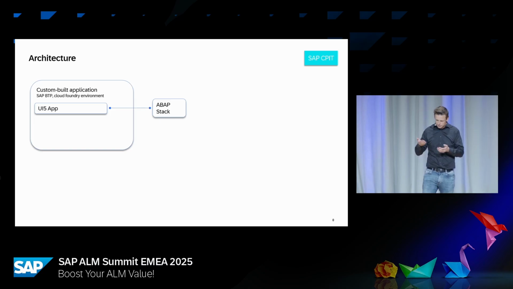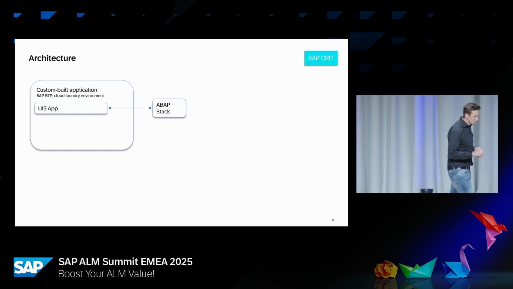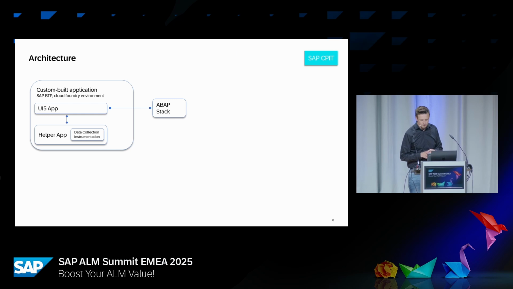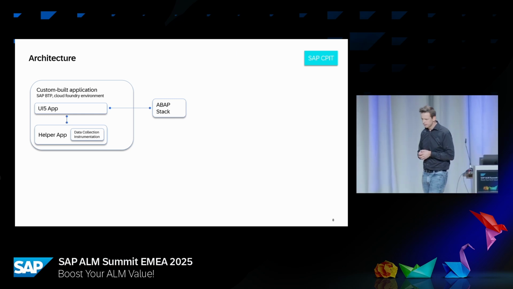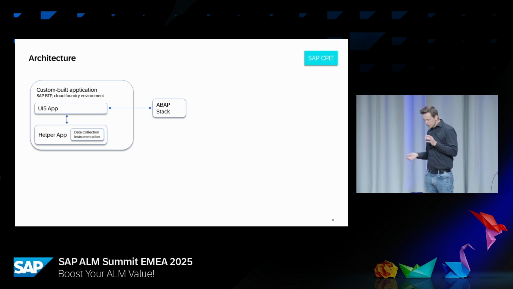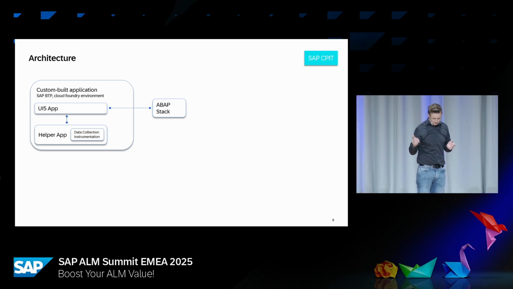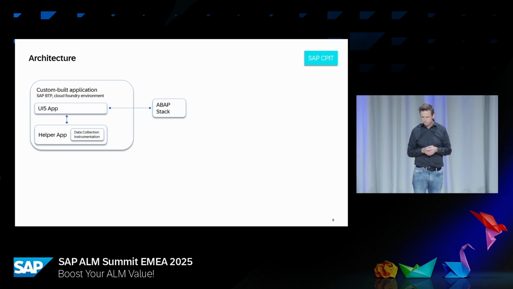And this is also where we saw potential for using Cloud ALM business process monitoring. And how did we do it? We have a little helper app that helps with collecting the KPIs right next to the application.